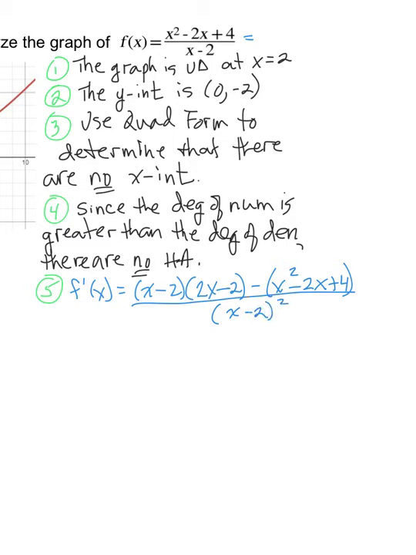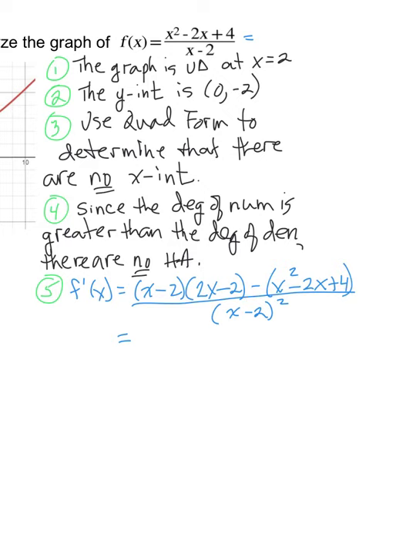Okay, then you have to simplify this. If you simplify this, you should get, and factor, because we want to factor. So to do this, you're going to want to multiply this out, distribute this negative, combine like terms, and then refactor.